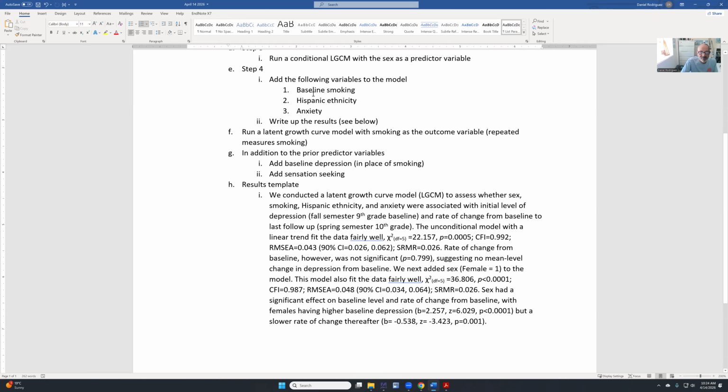We're going to add the same ones: gender, baseline smoking, Hispanic ethnicity, anxiety. I'm going to not add anxiety because anxiety and depression tend to be so strongly correlated. I'll just keep one of them in there. I'll take anxiety out and use depression instead. And then sensation seeking. All right, let's do all that.